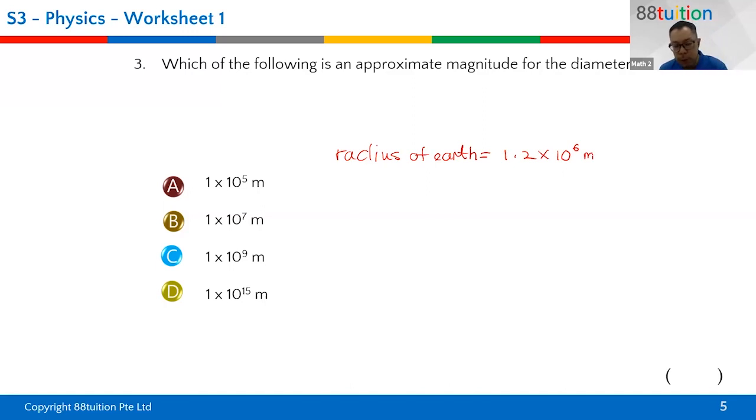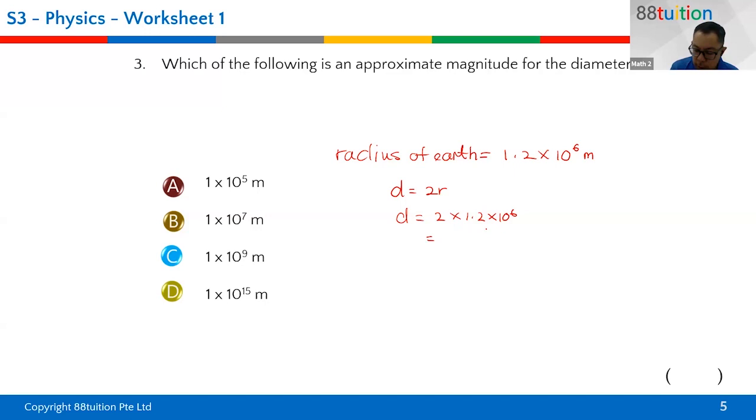So the relationship between diameter and radius is diameter is equals to 2 times of radius. So the diameter will be 2 times 1.2 times 10 power 6.